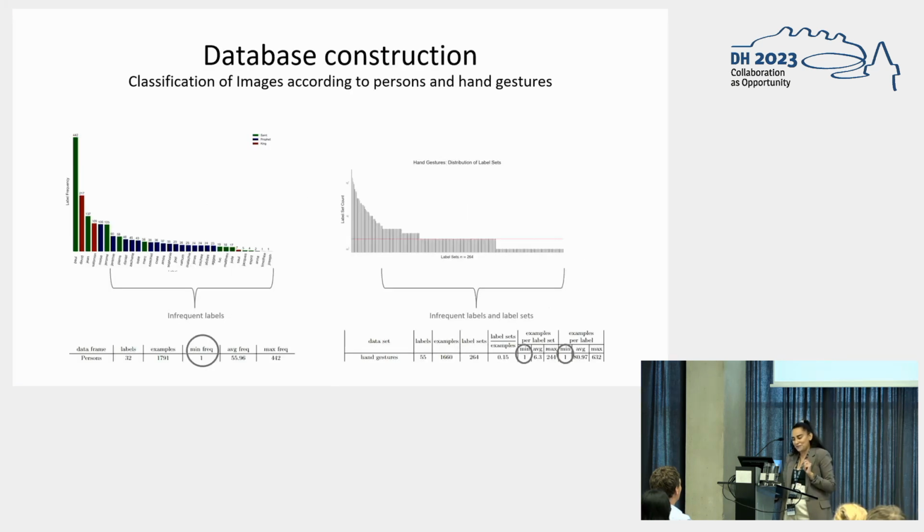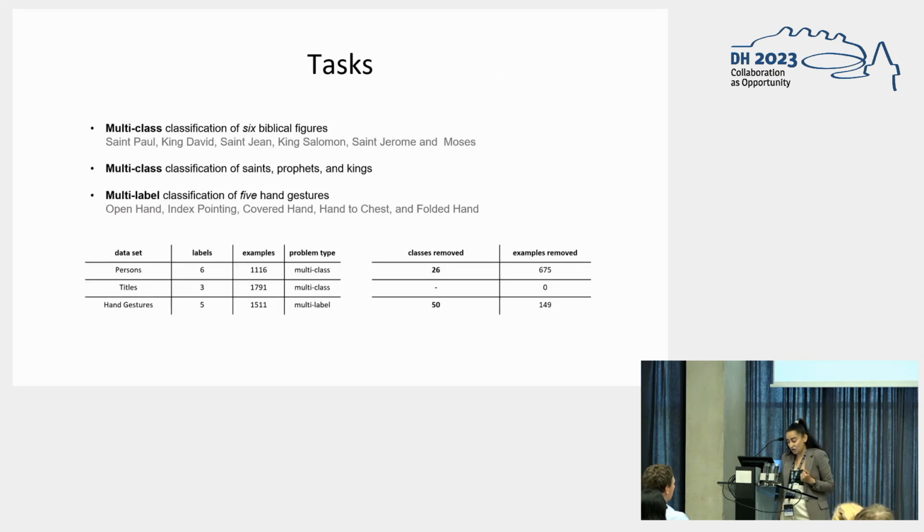And I forgot to say that we had to make a decision of cutting out all data instances with frequencies below 100 because we simply couldn't represent them in all subsets.